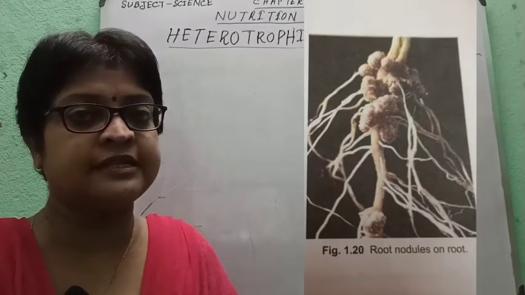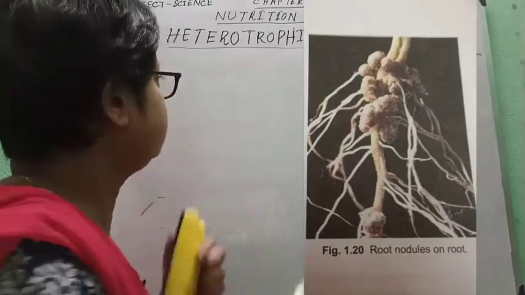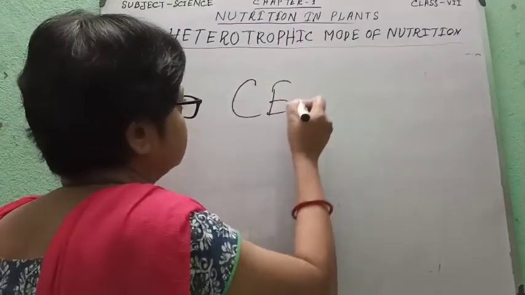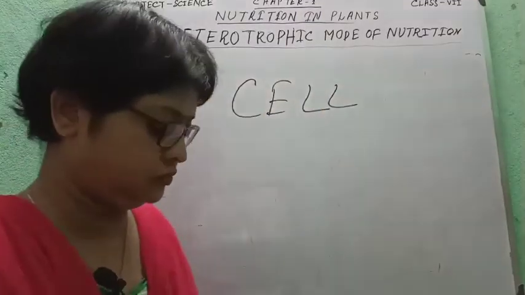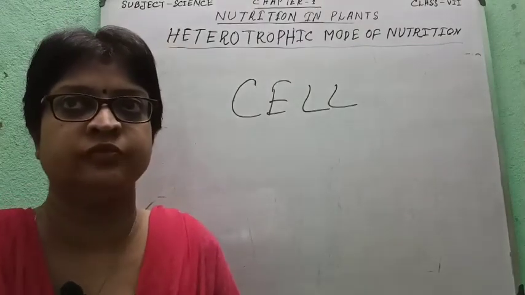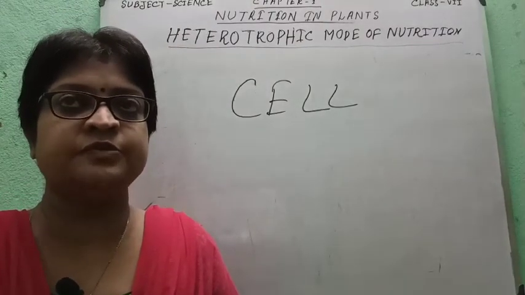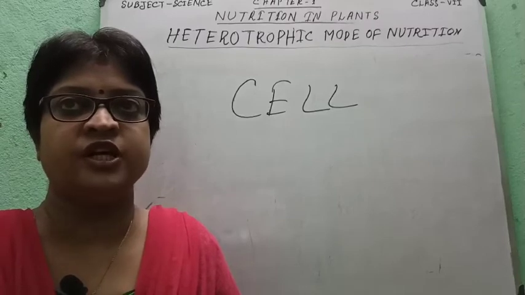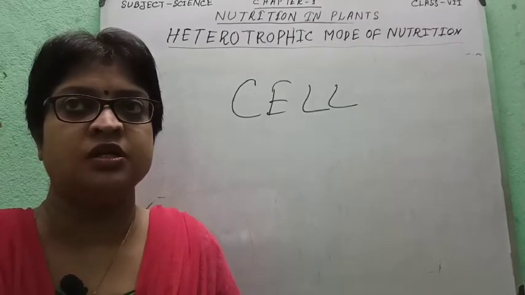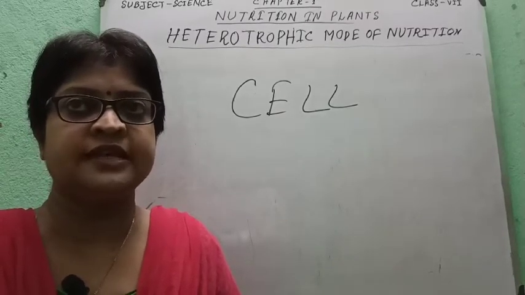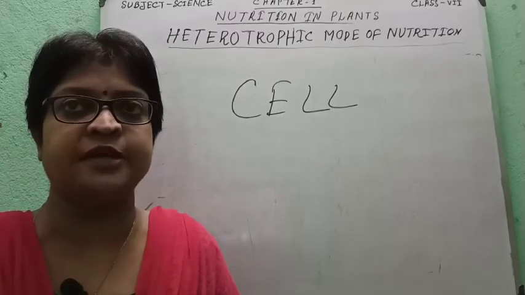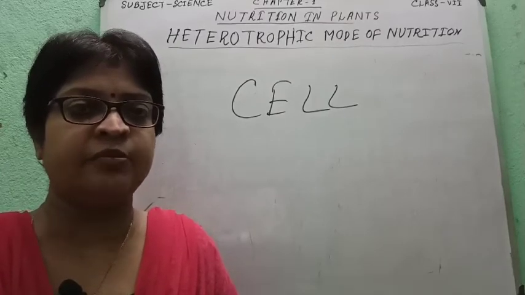Now let's discuss the cell. Living organisms are made of tiny units called cells. Cells are mainly of two types: plant cell and animal cell.